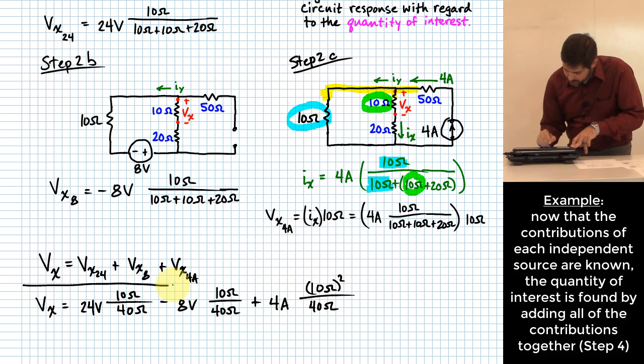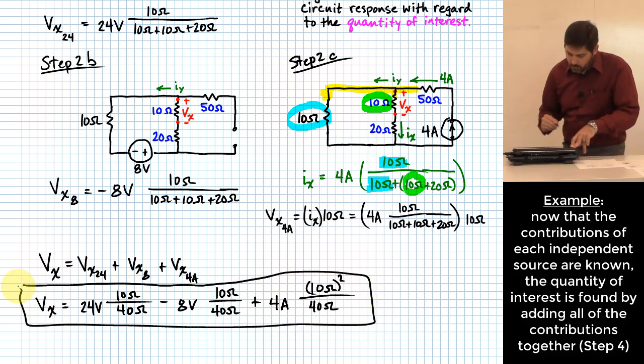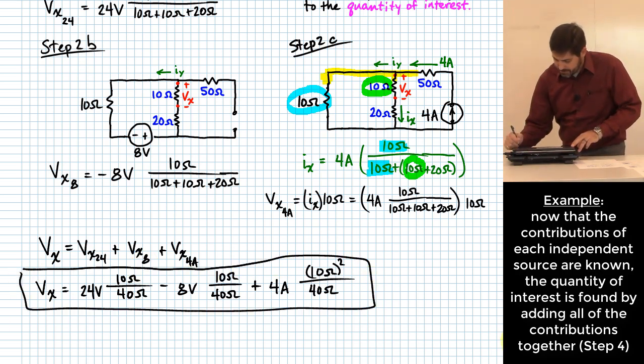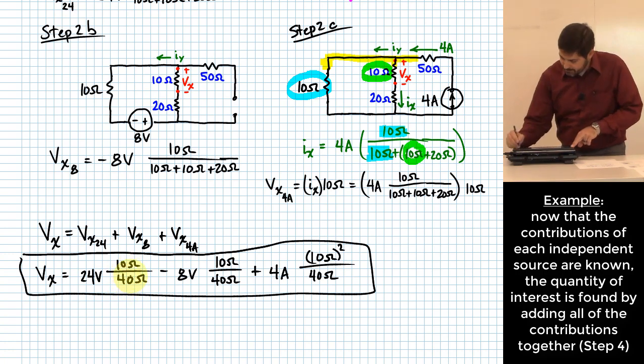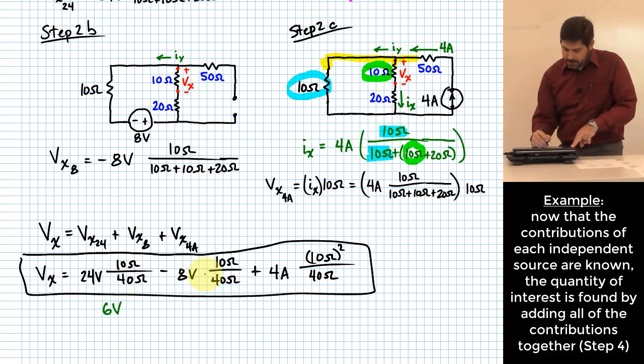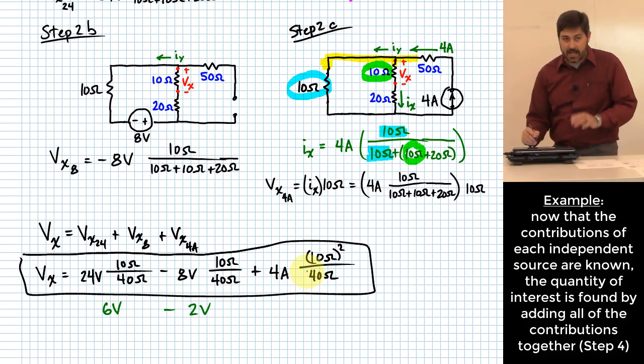And if you evaluate that, what you will have for the first entry there is basically 24 divided by 4, right? What would that be? 6 volts. Here I've got 8 volts divided by 4, minus 2 volts, right? And then here I've got, well, it gives you 10 amps at the end of calculating that whole thing.